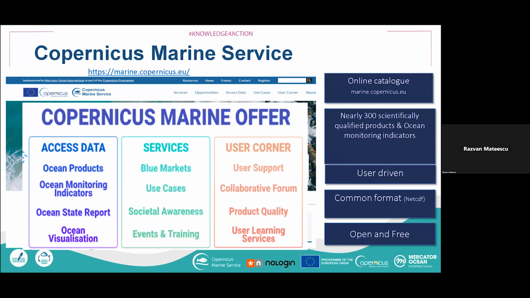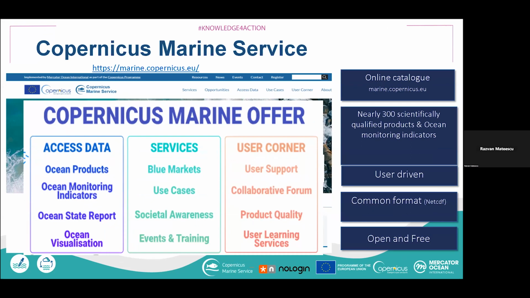So you have also a user corner with a lot of resources, but also you can access through this portal specific services and specific data.